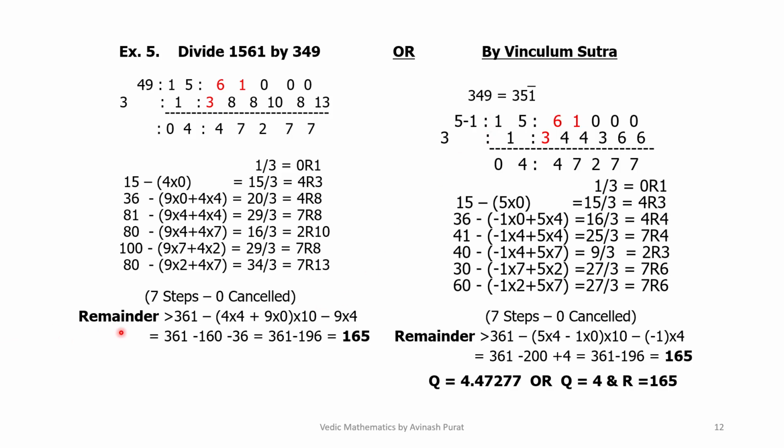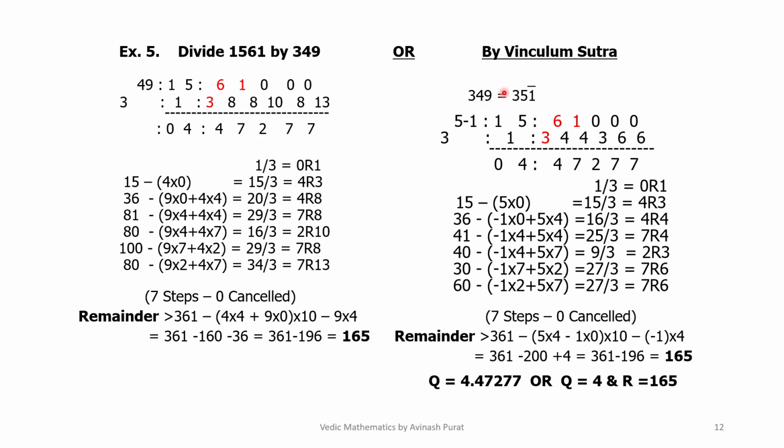But before that, the remainder is 361 minus 4 into 4 plus 9 into 0 multiplied by 10 minus 9 into 4, that is 16 into 10 is 160 minus 36. So 361 minus 160 minus 36 equal to 361 minus 196 equal to 165.